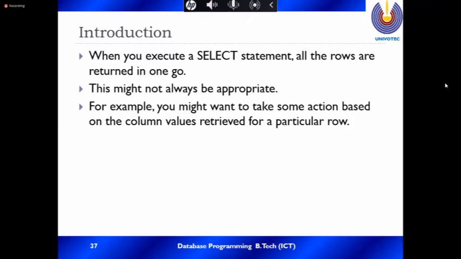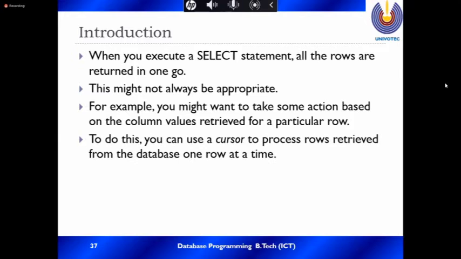For example, you might want to take some action based on the column value retrieved for a particular row. To do this, you can use a cursor to process the rows retrieved from the database one by one, one row at a time.